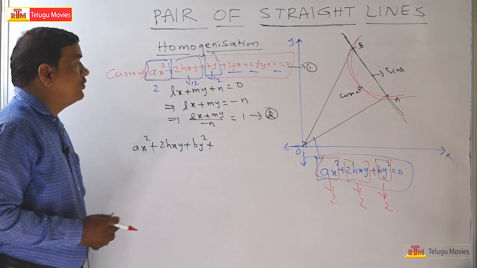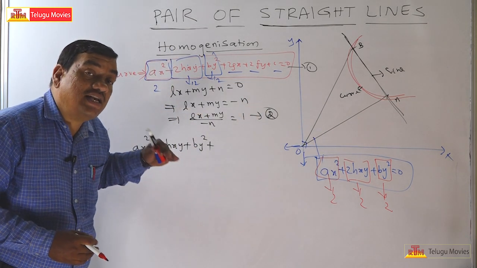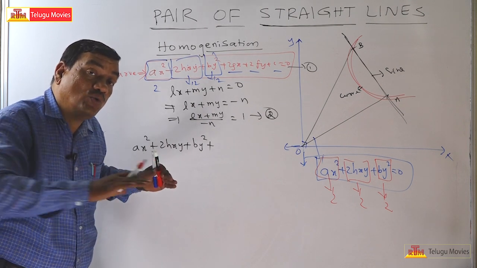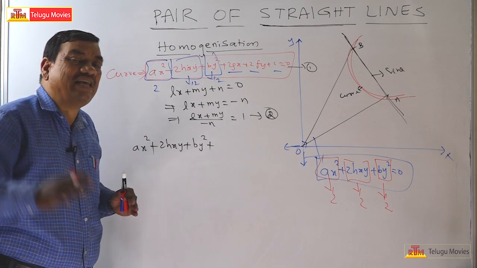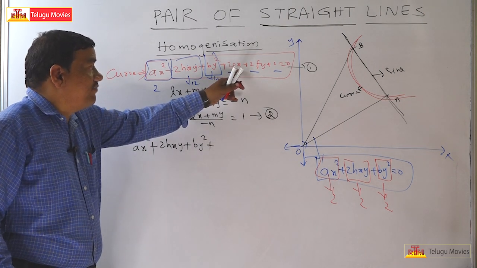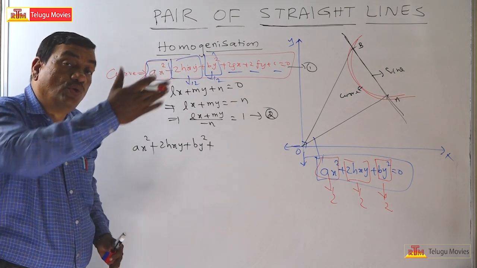So now what we are going to do is homogenizing. Homogenizing means we are making the degrees equal. Homo means same. Here degree 2, degree 2, degree 2, but here degree 1. Then how to make it into 2?